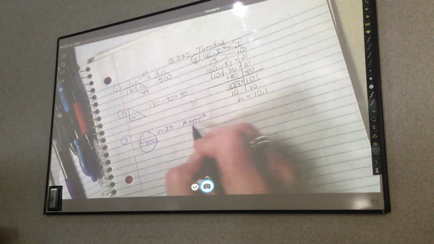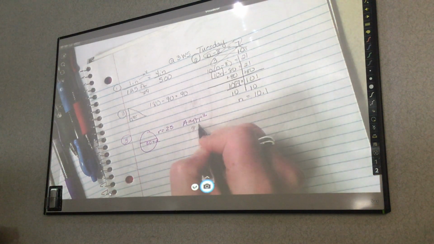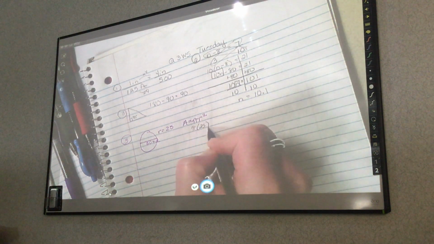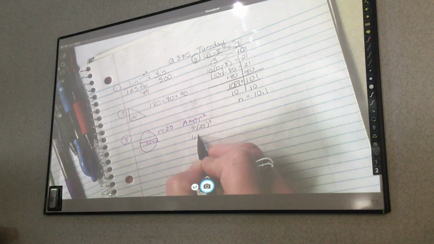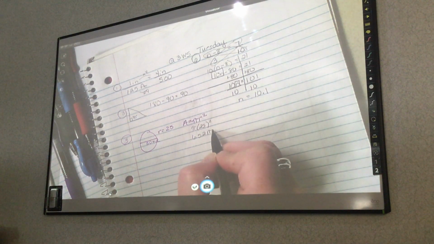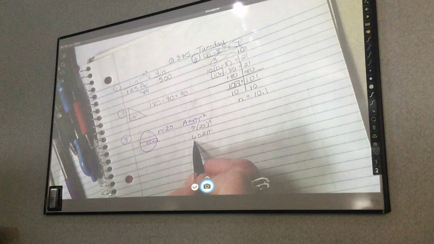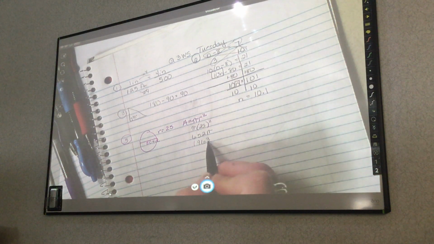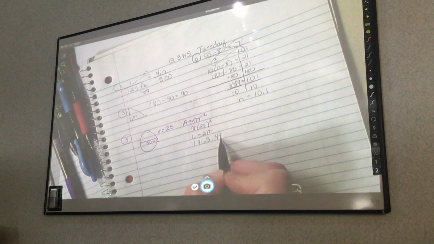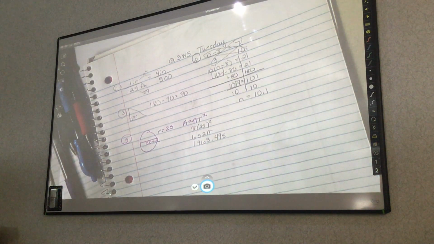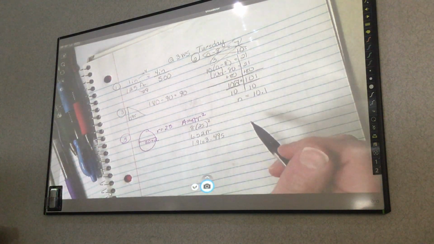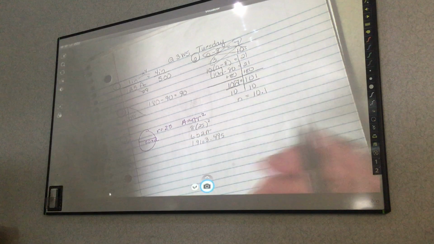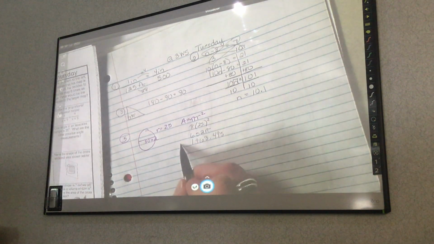So that's why we had to find the radius. So then I do pi times 25 squared, which would be 625 times pi, which is 1,963.495. And you could have rounded that, which would have been fine. But now what do I do to this? That's my area.